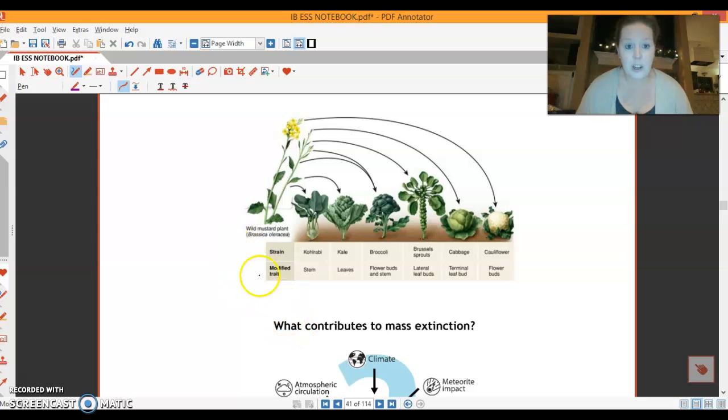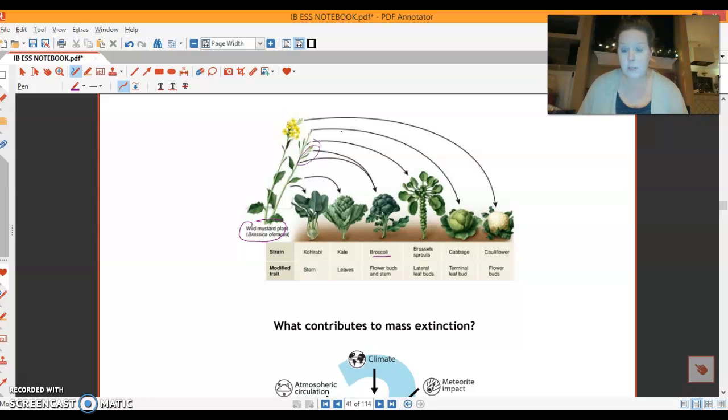So here is the wild mustard plant. Let's pick one that we know what it is. Let's say broccoli. We know what broccoli is. Some of you may like it. I love broccoli. So broccoli, it says the modified trait is flowered buds and stems. So if you look right here, it came from the buds and the stems of the mustard plant.